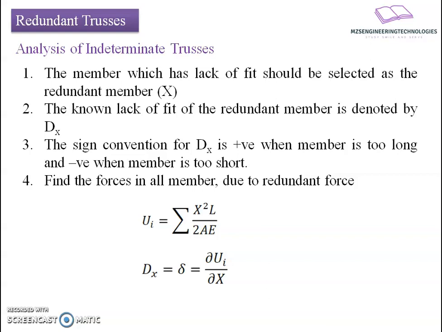For that, we'll utilize Castigliano's second theorem, where we'll do the minimization of the strain energy component with reference to the redundant force. To do this, we will follow some steps. The first step: the member which has a lack of fit should be selected as a redundant member, and in replacement of this redundant member, we will apply an unknown force X as a redundant force there.